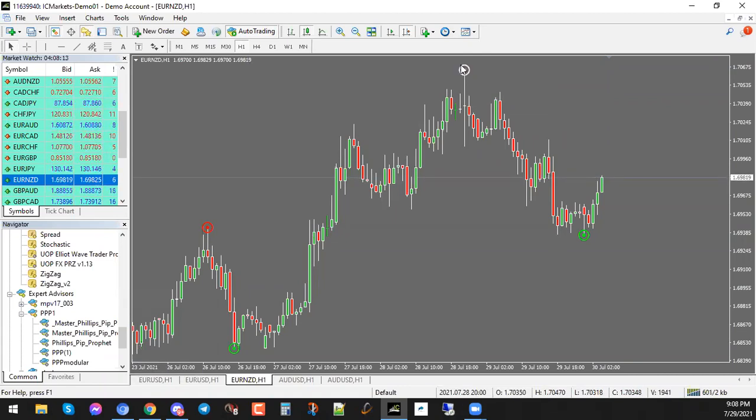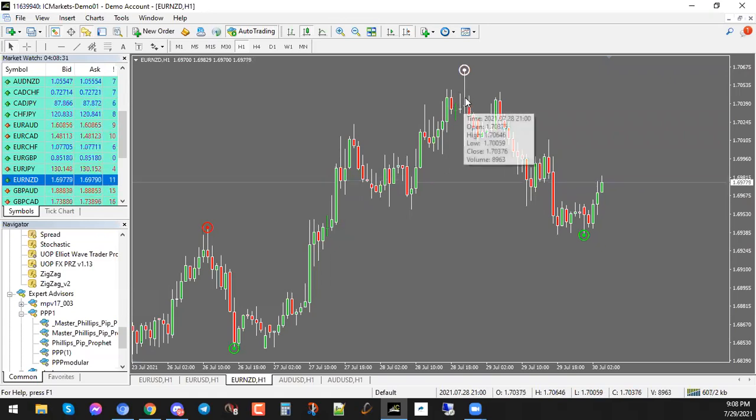And we are now looking to go in the opposite direction. Now, when this dot appears, do we just jump into a trade? No. We don't just jump into a trade, right?